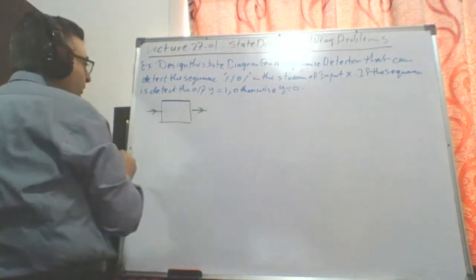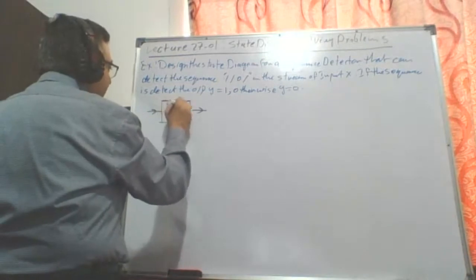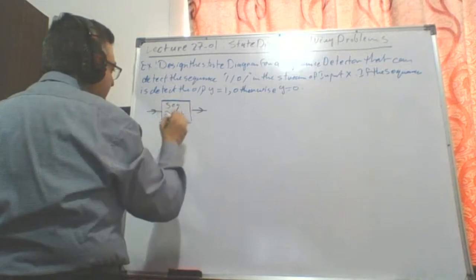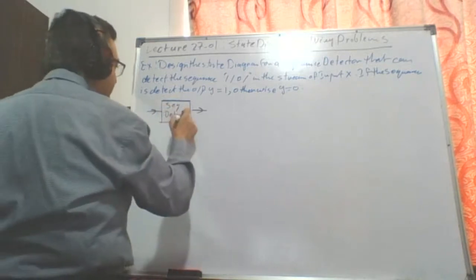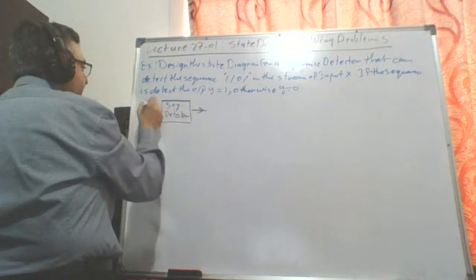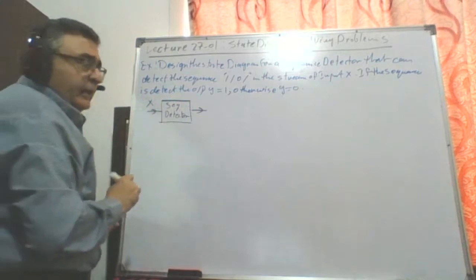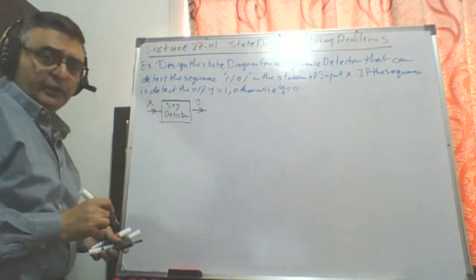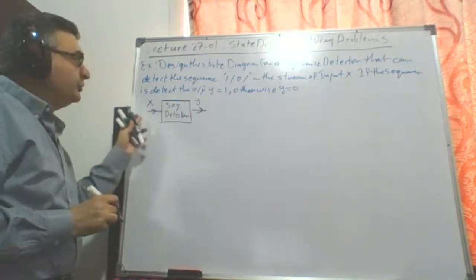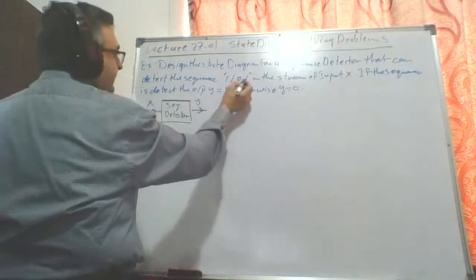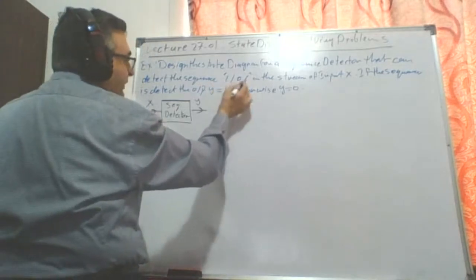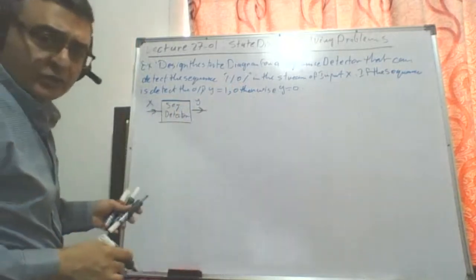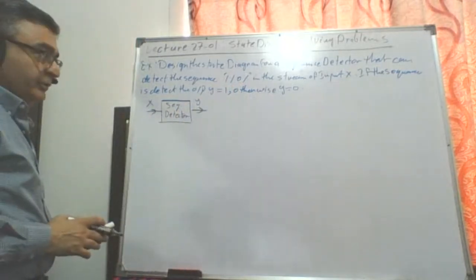The block diagram of the sequence detector has a stream of input called X and a stream of output called Y. I want to check whenever I get the stream of input in the pattern 1011, Y will be 1. Otherwise, Y will remain 0.